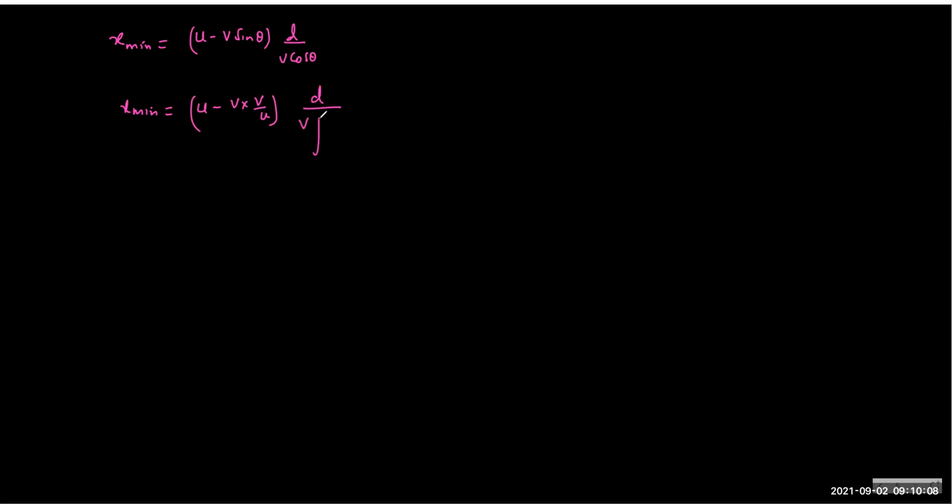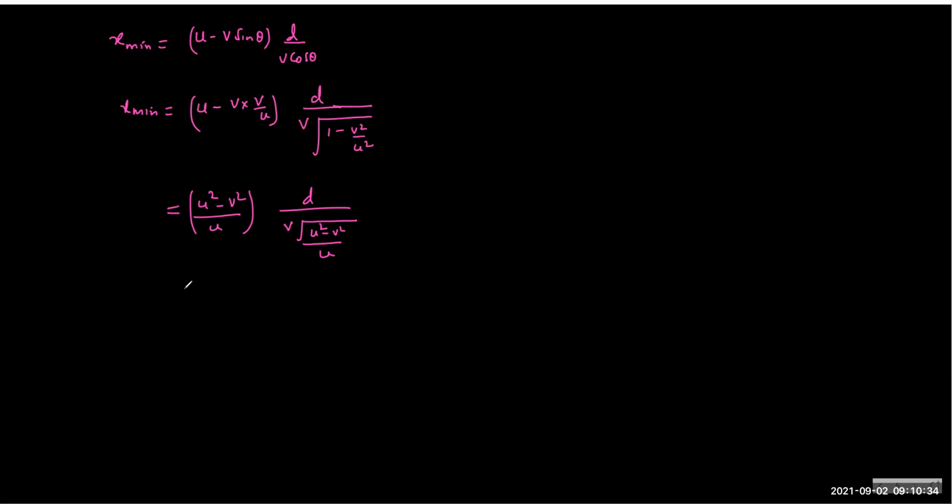What is cos theta? It is root of 1 minus v square by u square. So it turns out to be root of u square minus v square by u into d upon v into u square minus v square upon u. Now, of course, it cannot cancel out.